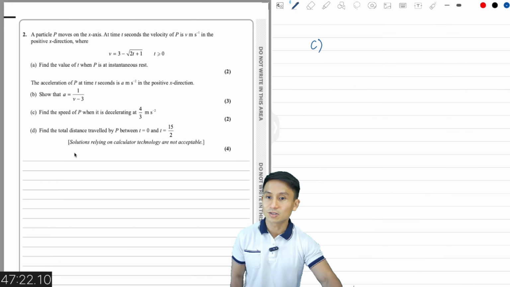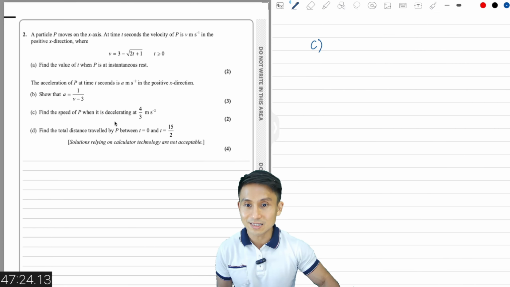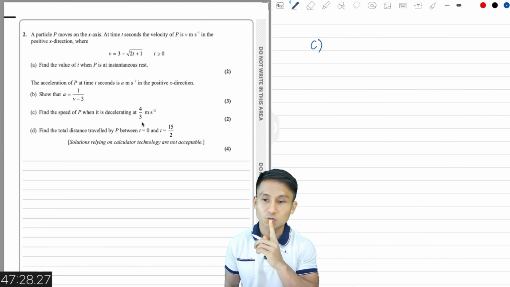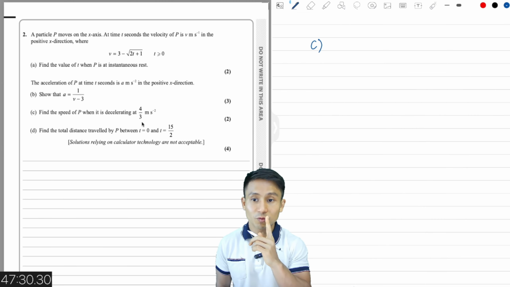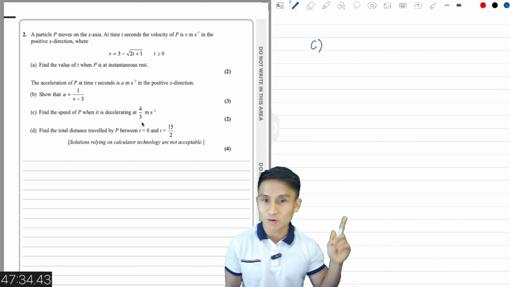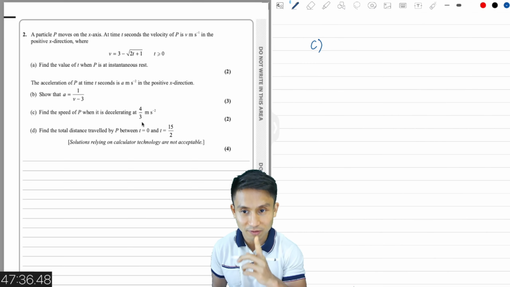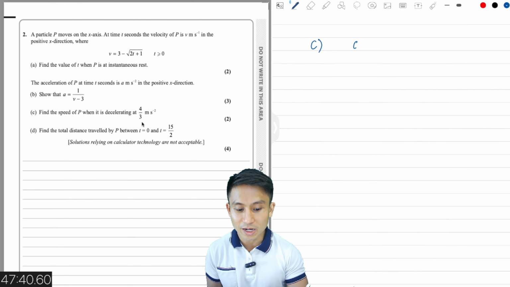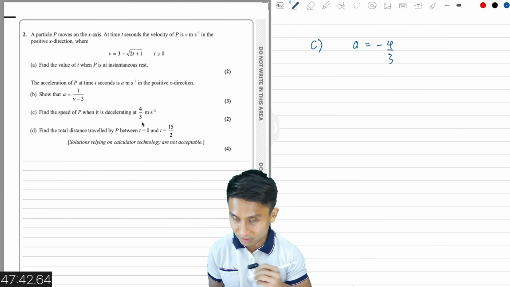Part C, find the speed of P when it is decelerating at 4 over 3. Now, we are given that a is directed in the positive x direction, so if we want to find where it is decelerating at that, we're going to equate a to minus 4 over 3 first.